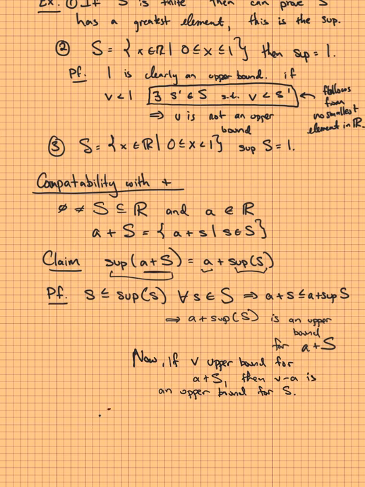And therefore, we know that v minus A has to be greater than or equal to the sup of S, because this is a least upper bound. And therefore, adding A to both sides, we have that v is greater than or equal to A plus sup S. Since this happened for every upper bound, since v was arbitrary, we get that A plus sup S is the sup of A plus S.